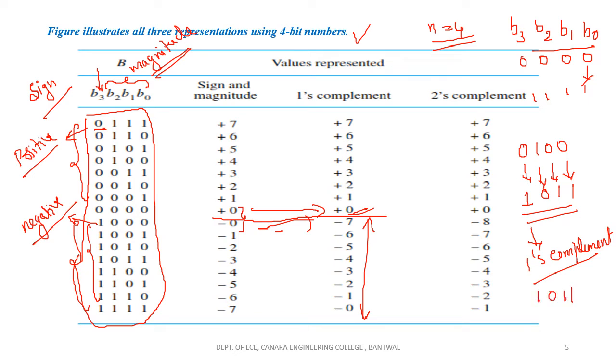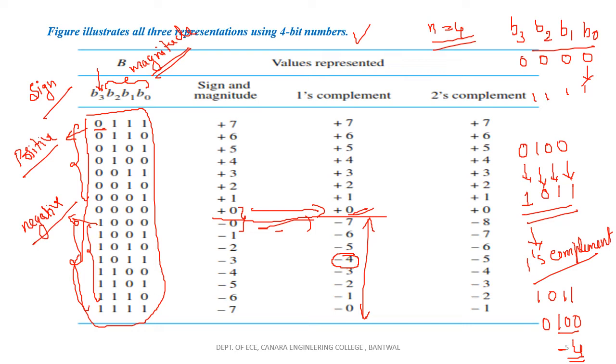If I complement it, it becomes 0100. So 100 is nothing but 4. Since it is a ones complement, it becomes minus 4. So this is the number minus 4, and so on with the other numbers. You need to complement the number and approximate it to the magnitude with the negative symbol. That's what the ones complement representation is.